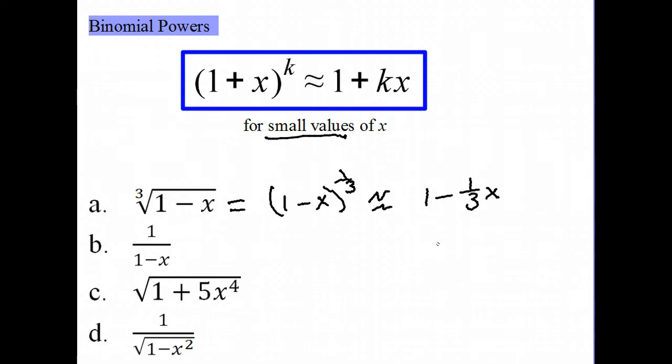And so that's an easier function to work with, an easier function to even differentiate and plug numbers into. Okay, let's look at another one. So if we have the function 1 over the quantity 1 minus x, this is approximately 1 plus x, because really this is 1 minus x raised to the negative first power, and so that becomes a coefficient of x, and so it's approximately 1 plus x.